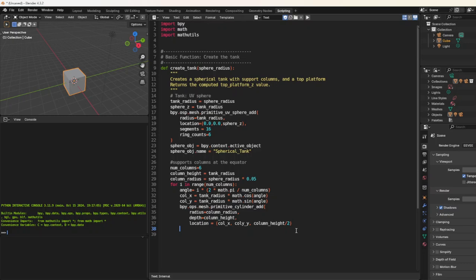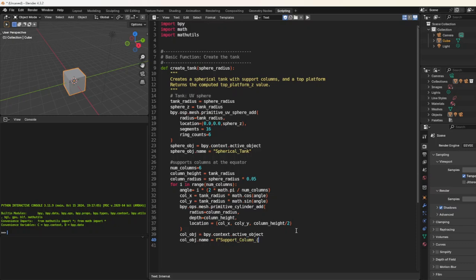Now we just give it the name. We use the active object with the column, and just give it a name. This name is a bit different though, because we have multiple of them.